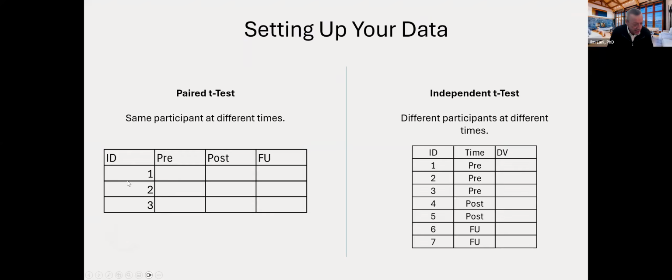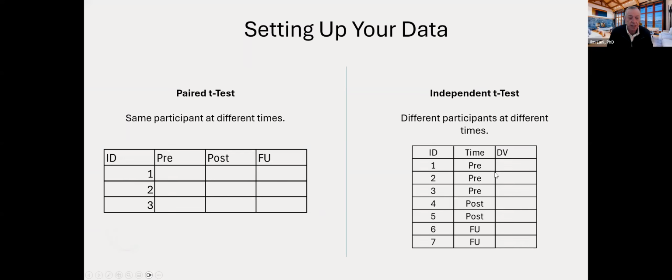So in this case, I have the same participant, number one, and that participant had a pre-test score and a post-test score, and perhaps a follow-up test score. They all have to be in the same row, all right? And if you had demographic variables, those are in the same row. Every participant, their data is on a row.